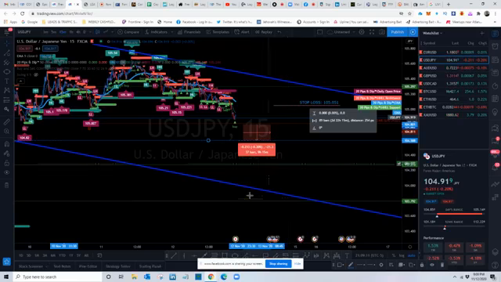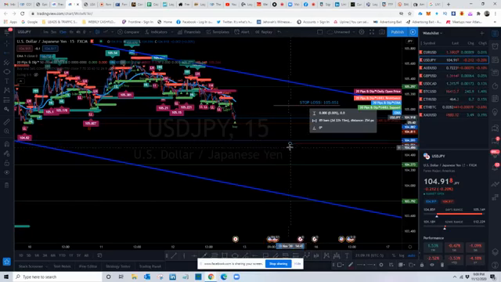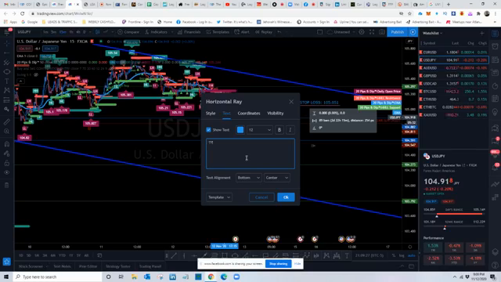So then I'm going to put a horizontal ray right here as well. I'll just put it down here. It might be a little bit more than 20 pips, but that's fine. Stretch it out. Then I'm going to make this take profit, TP1. This is probably going to be maybe about, I don't know, 30 pips, maybe less.